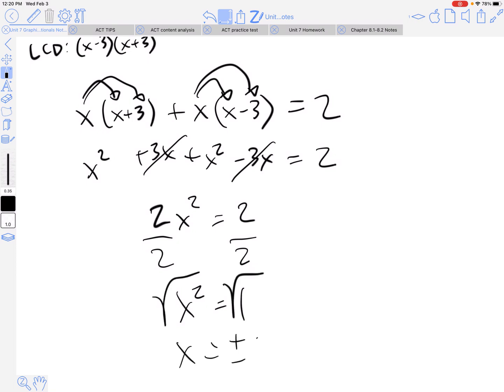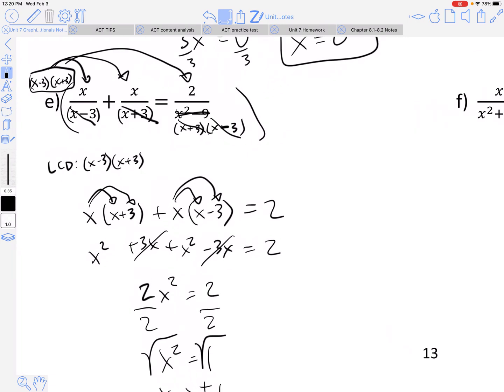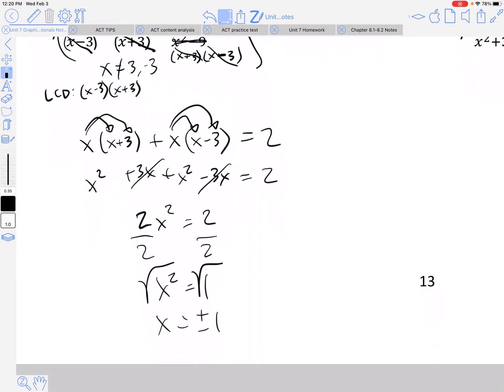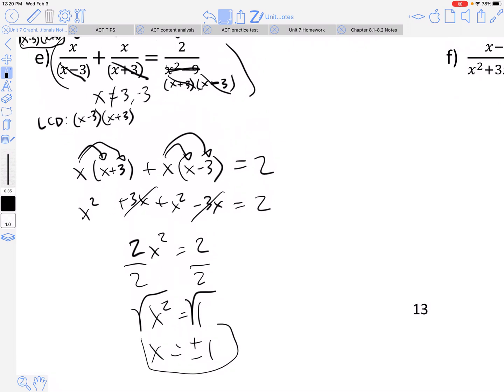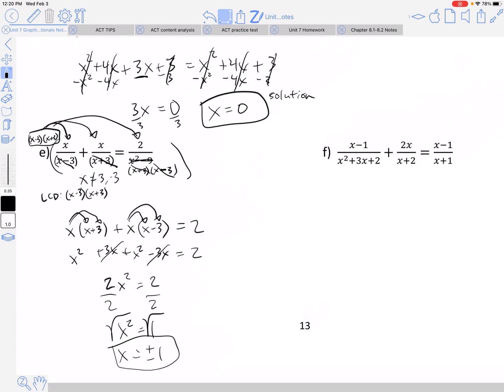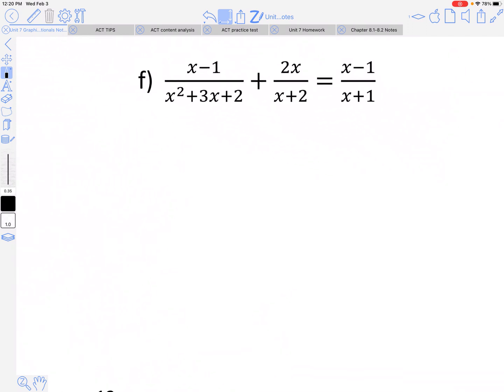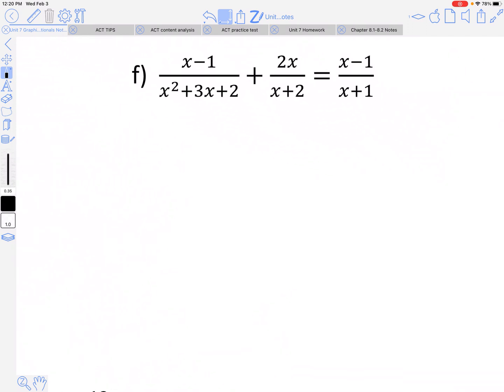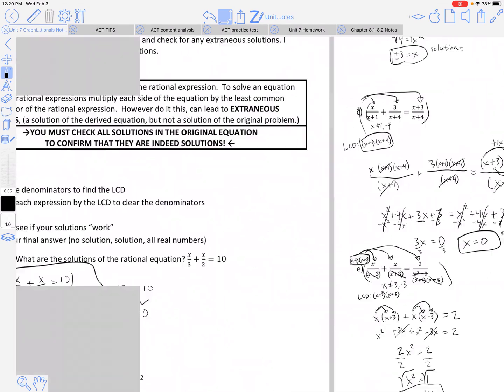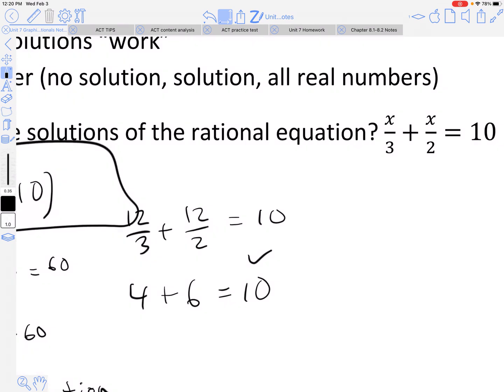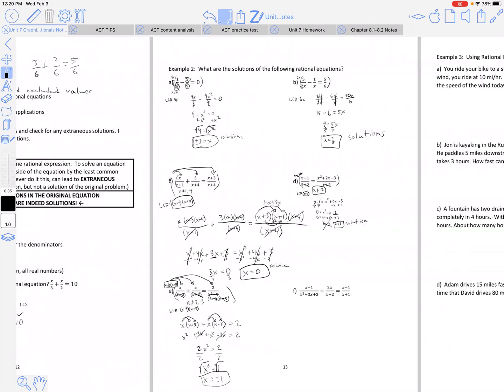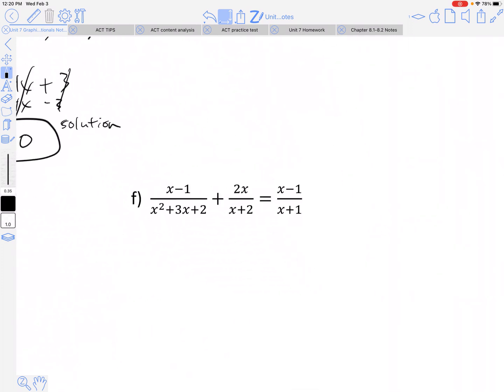X equals plus or minus 1. My excluded values were 3 and negative 3. And so that's fine. I have two solutions here, 1 and negative 1. And we could plug them back in and double check, but they do work. I already checked them, so I'm not going to make you watch me check them. But just like we said earlier, you just plug those values in and see if they give you the solution.